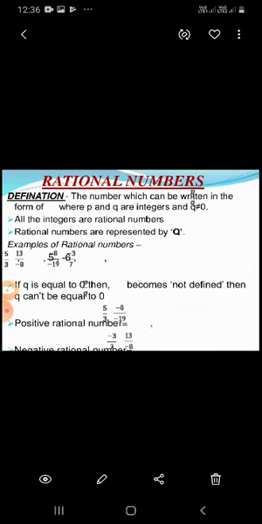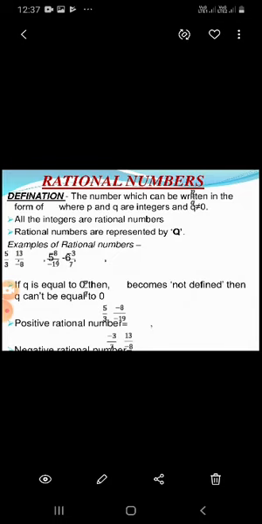So that means any number, if I say 2/3 or 3/2, can be written in the form of numerator by denominator. One number will be in the numerator and one in the denominator, and the denominator must not be 0. If it is 0, then we cannot find the value of that particular rational number.